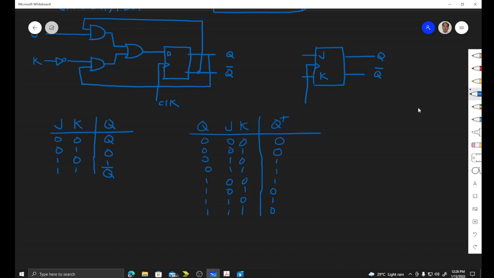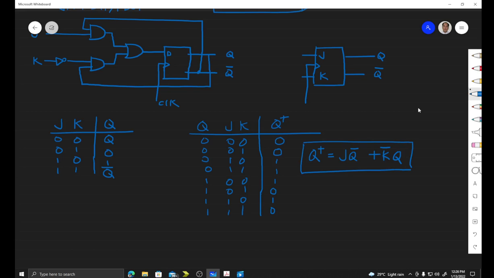We can perform a K-map for this one. Then our characteristic equation for JK is J Q bar plus K bar Q. This is our characteristic equation.